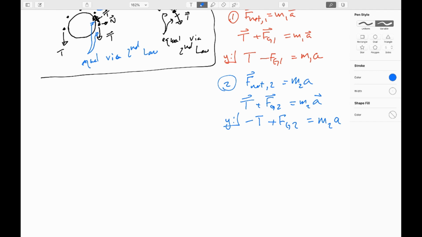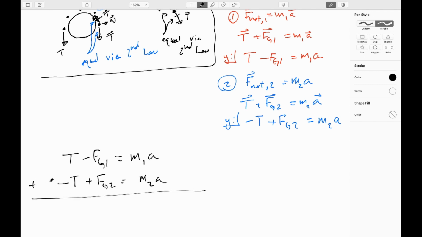You can, for instance, solve both of these for the tension and equate. You could solve one of them for the tension and stick it into the other. But I'll show you a trick that doesn't get a whole lot of love anymore, but is useful for this one. You can just add the equations. T minus FG1 equals M1A, and I will add to that the equation negative T plus FG2 equals M2A.